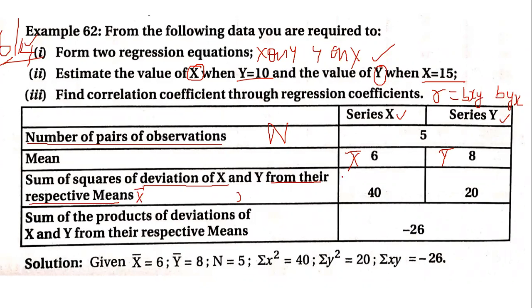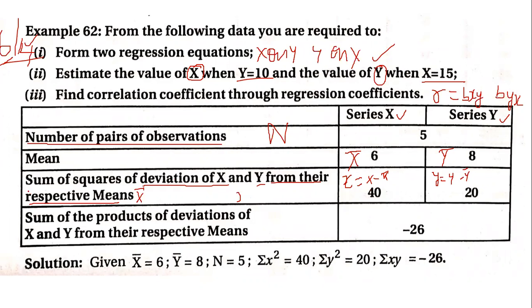I'll write it here. Small x, nothing but x minus x bar. Then deviation of y from their mean means small y is equal to y minus y bar. So this is the first thing.